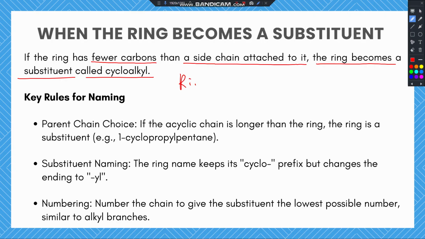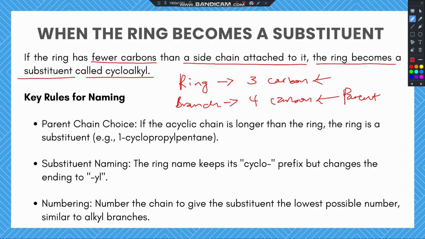Let's say a cyclo compound contains 3 carbon atoms, and a supposed branch contains 4 carbon atoms. What that simply means is that the structure with 4 carbon atoms becomes the parent structure, and the ring structure with 3 carbon atoms becomes a branch. Don't worry, we're going to treat an example that shows how this can be done.